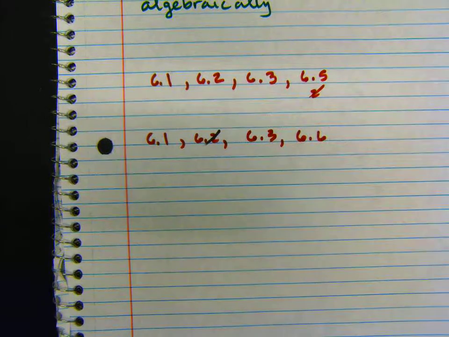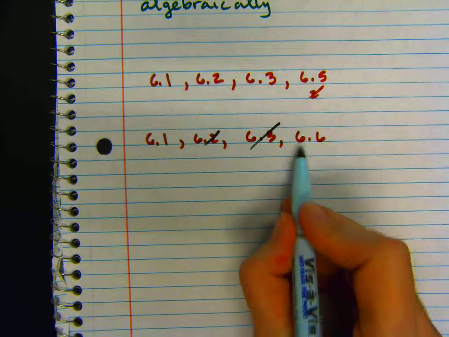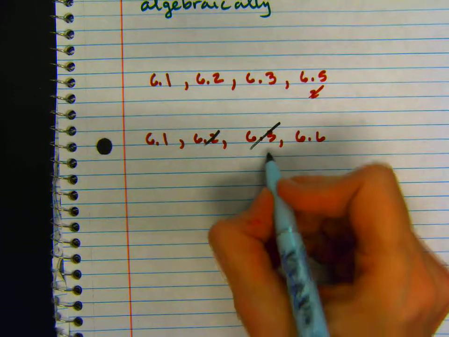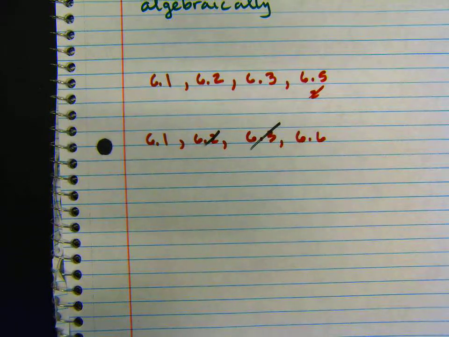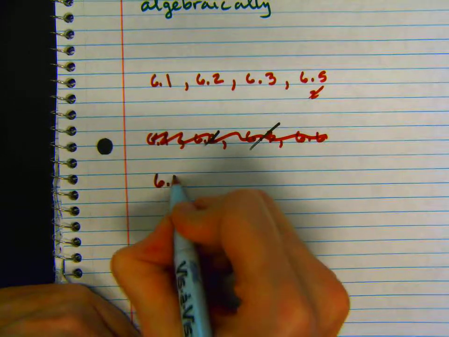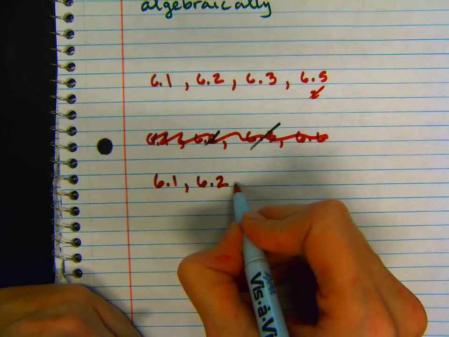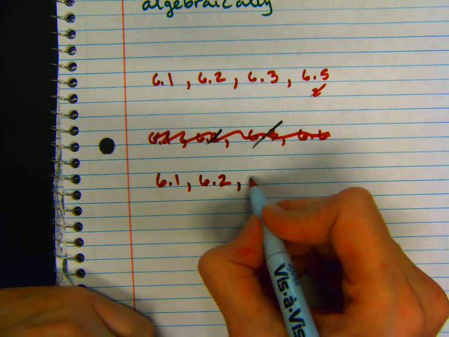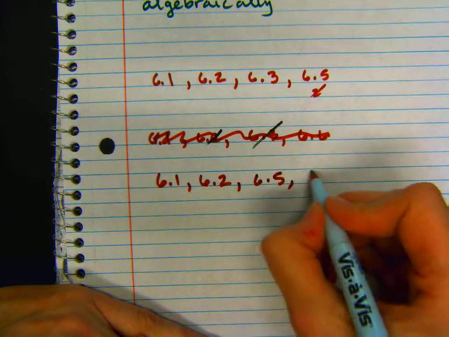Or if you need something really, really short, you could do just 6-1 and 6-6. Or you could do 6-1, 6-2, 6-5, and 6-6.